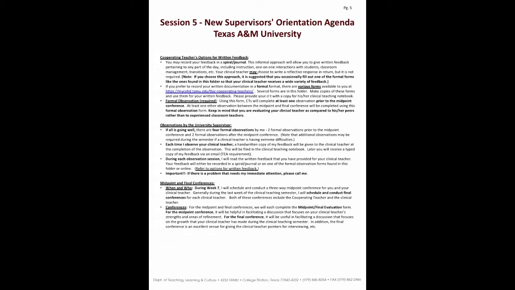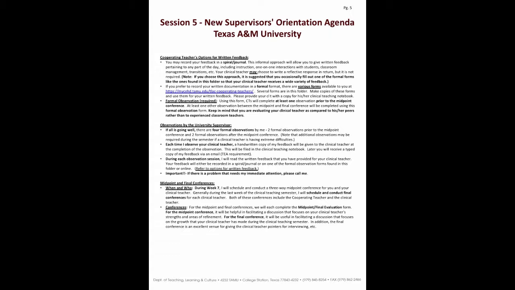There's detailed information on the cooperating teacher's options for written feedback, and this includes the spiral journal option. This informal approach allows the cooperating teacher to give written feedback pertaining to any part of the day, including instruction, one-on-one interaction with students, classroom management, transitions, etc. The second bullet discusses written documentation in a formal format.